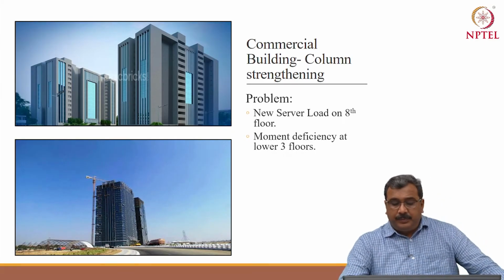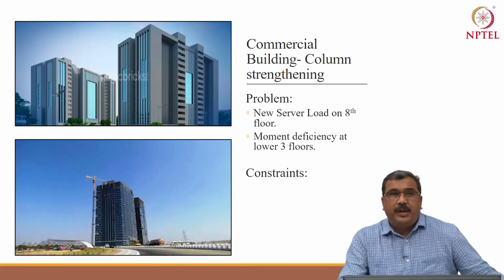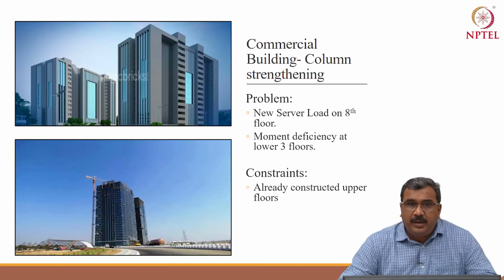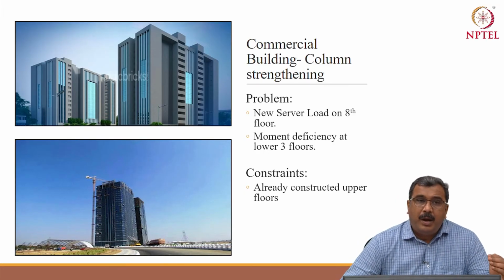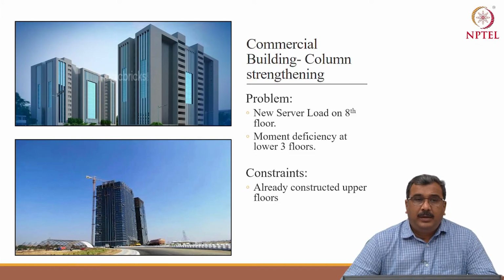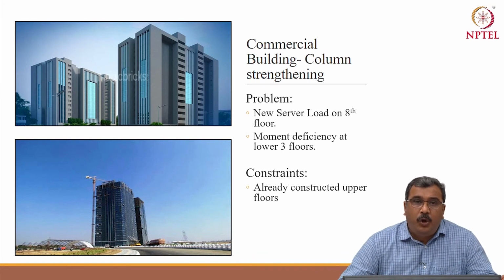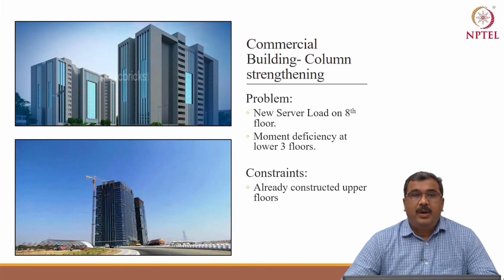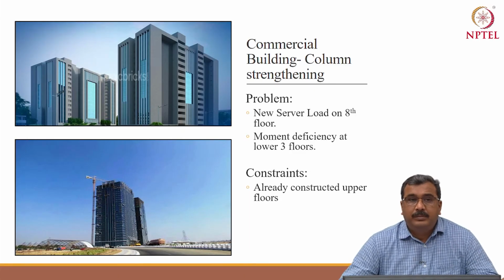But the constraint: the lower 3 floors were already constructed. The floors above them were also constructed, and the architecture, interior design and use of the lower floors don't permit jacketing or an increase in the size of the column.